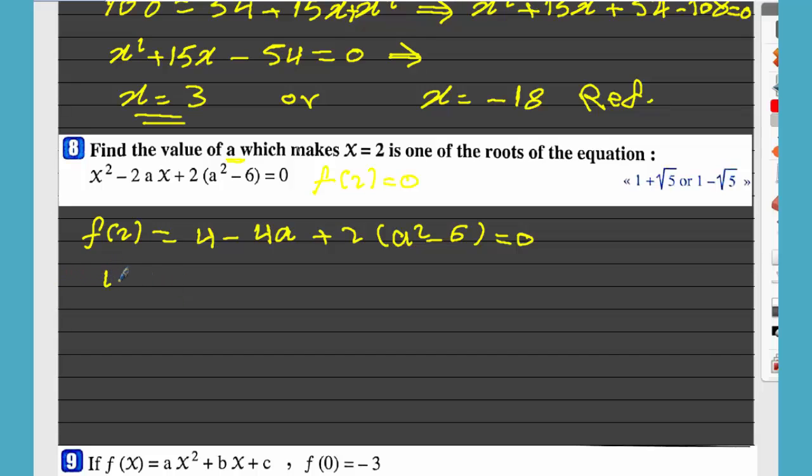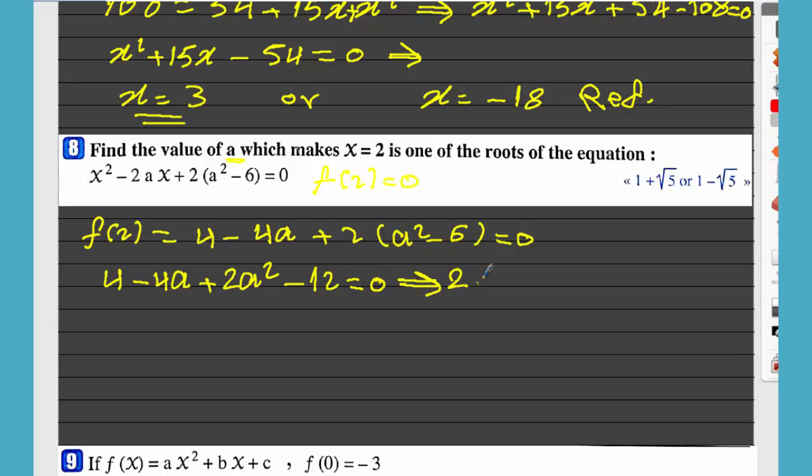So we have 4 minus 4a plus 2a squared minus 12 equals 0.